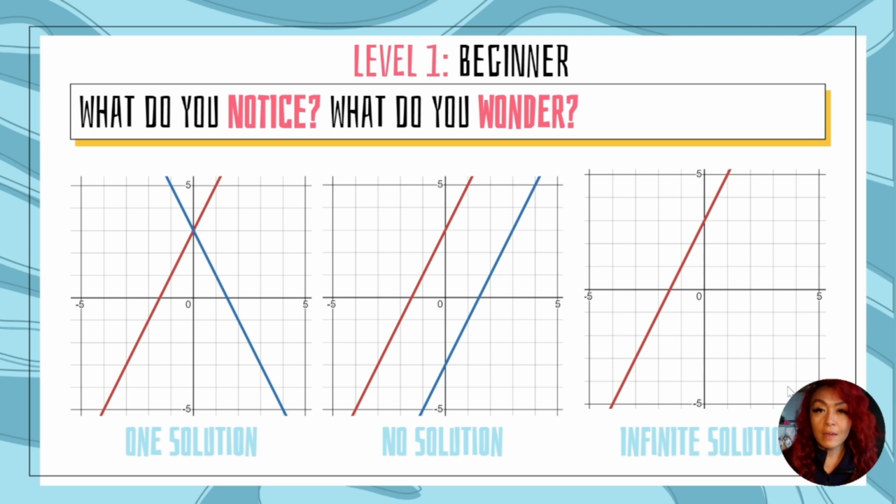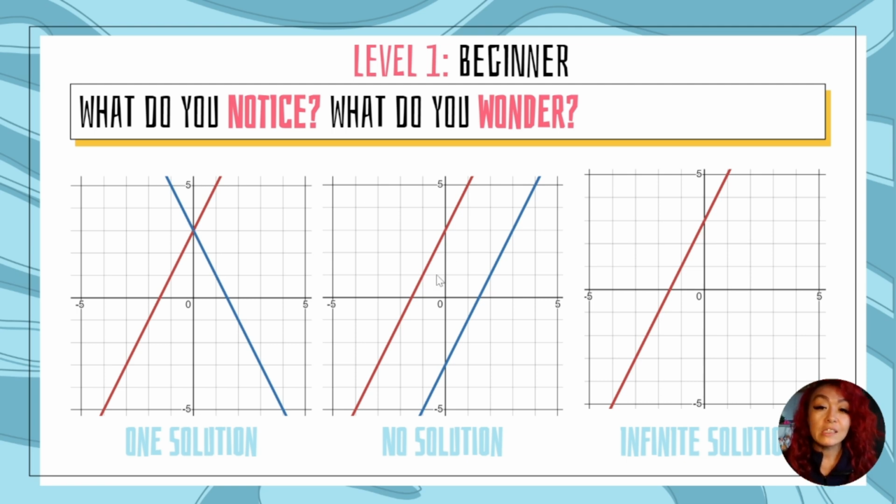So based on this, what can we conclude about where the solution to a system of equations lies on the graph? Well, the solution to a system of equations is the point of intersection, right? So since the lines meet only one time in the first graph, that means we have one solution, and our one solution is the point where the graphs meet.